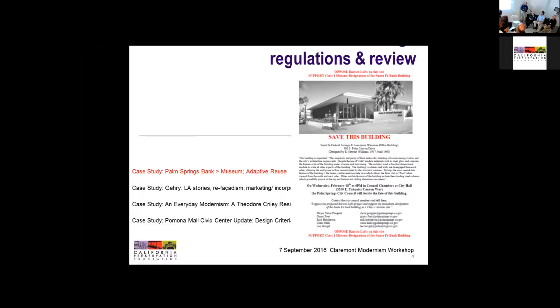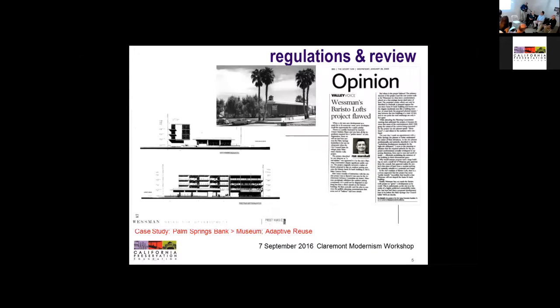And this is the Palm Springs Bank. It was the Santa Fe Savings Bank. And it had a particular threat to it, which came in terms of this project on the lower left, and an opinion from the Valley Voice, which had such things as a hulking monstrosity about to leap over onto this poor building, which was defamed by a parking lot turned into a public seating area.